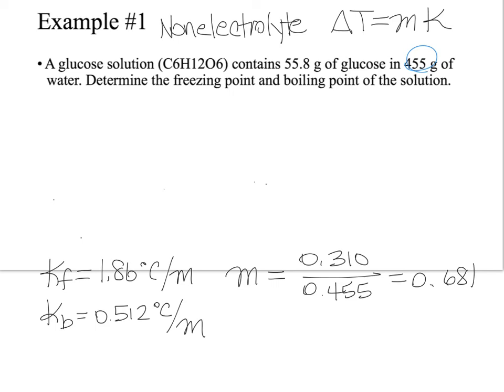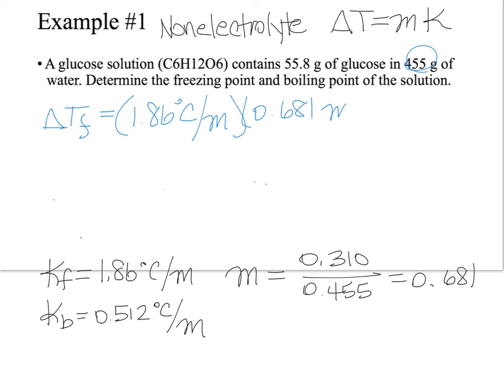Right, so delta TF equals 1.86 degrees Celsius per molal times 0.681 molal.